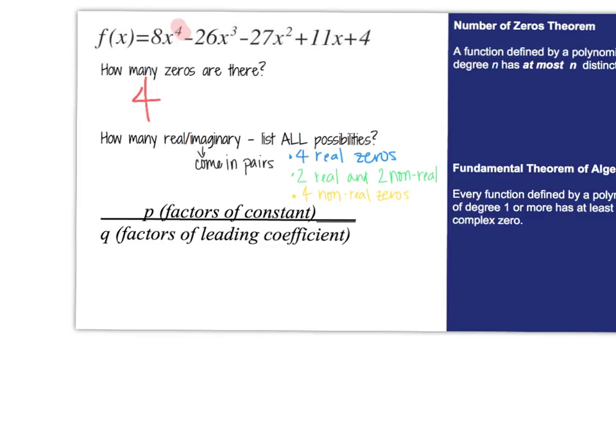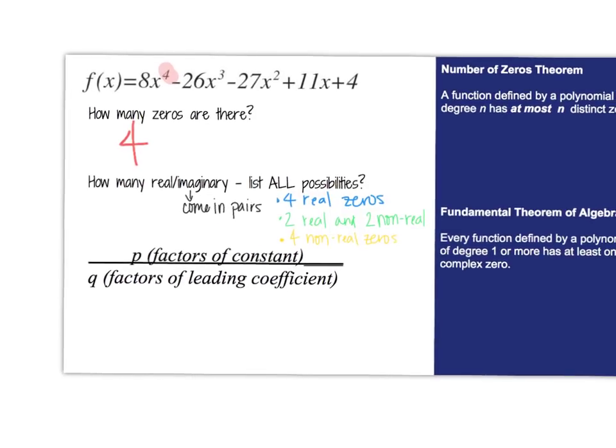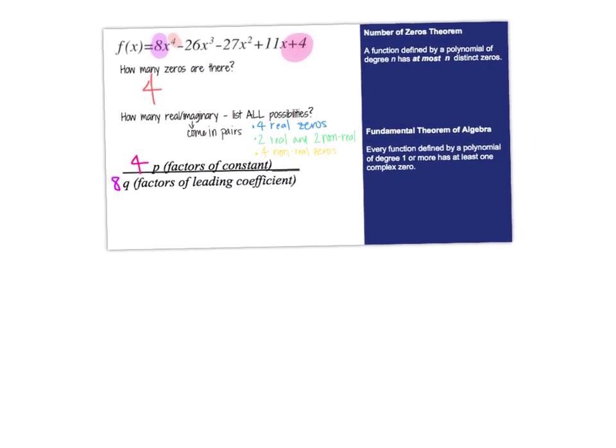The rational zero theorem, the thing we just looked at on the previous screen, says that I take the factors of my constant term, which is the last term, in this case 4, and divide by the factors of my leading coefficient, which is 8. Then I'm going to come up with a list of numbers, and from that list I'll be able to figure out my real zeros.